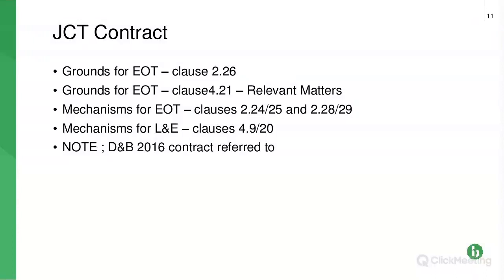Similarly, the mechanisms, the notices, extension of time 2.24, 2.25, 28 and 29. For the loss and expense, for the money, at 4.9 and 4.20.